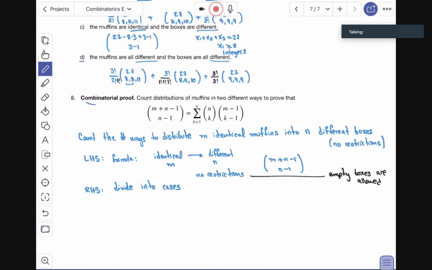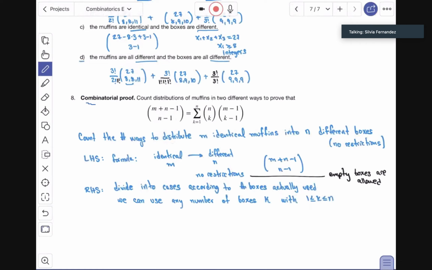So here I'm going to divide into the number of cases according to the number of boxes actually used, or if you want, the number of empty boxes. But so that it looks like my formula, I'm just going to say we can use any number of boxes k between 1 and n.